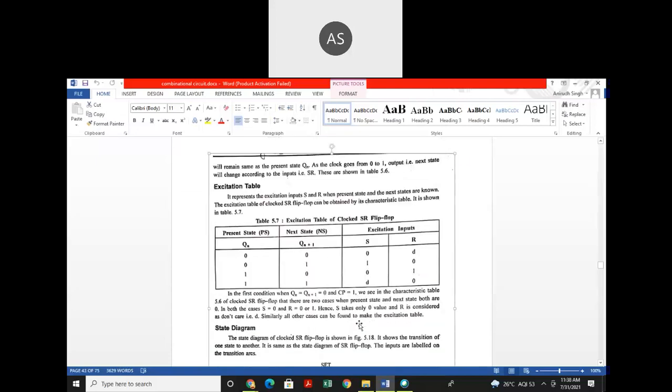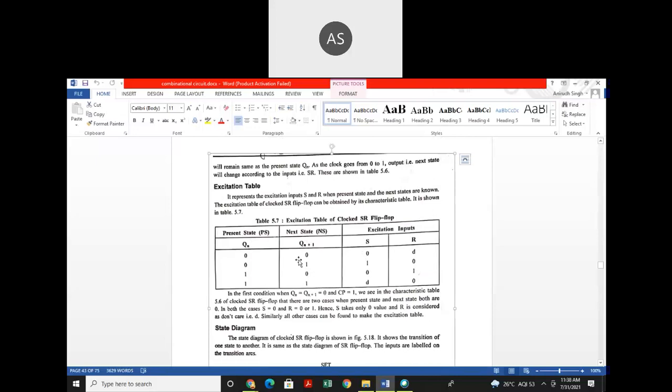This is the excitation table for SR flip-flop. In the excitation table, present state and next state are given and you have to find out the input combination for the given present and next state.